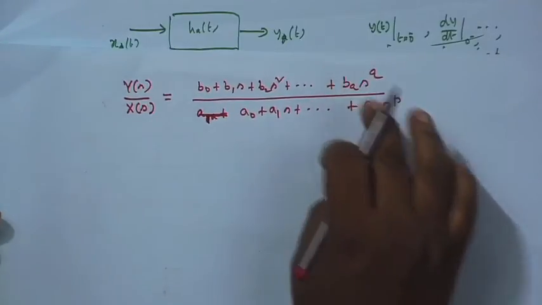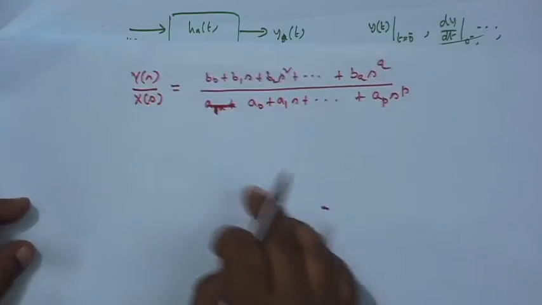Okay. Numerator polynomial, denominator polynomial. Now, what is Y(s) by X(s)?